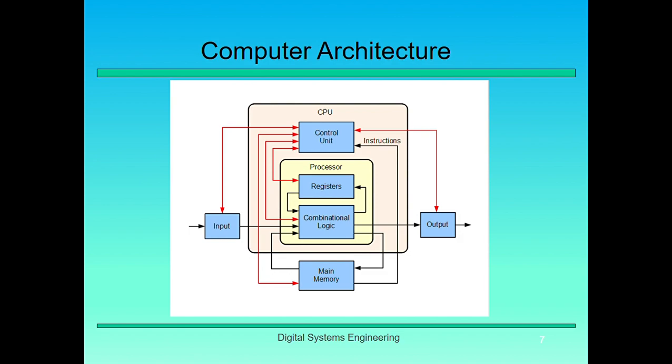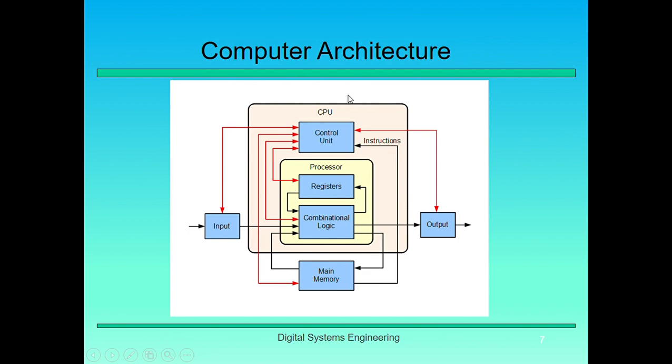So here, this is the block level diagram of a basic microcomputer with the central processing unit. Black lines indicate data flow, whereas the red lines indicate control flow, and the arrows indicate the direction of flow.